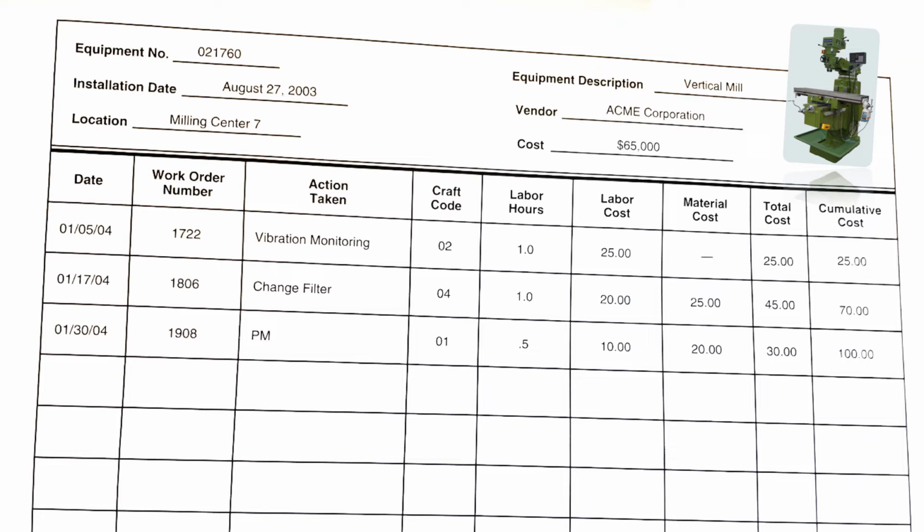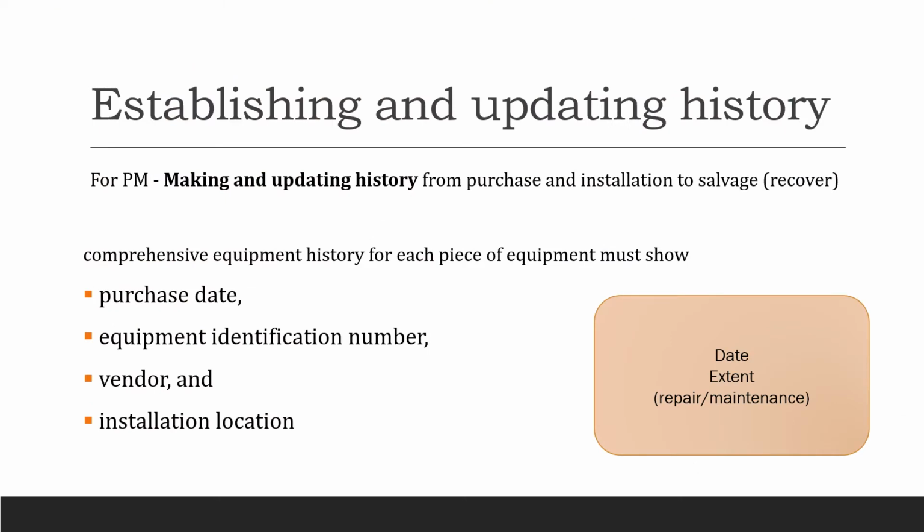All right, when you look at the document, you're going to see the history. On this date they did this, on this date they did that. So, establishing and updating history for preventive maintenance: this data runs from purchase and installation to salvage, that means recovery.